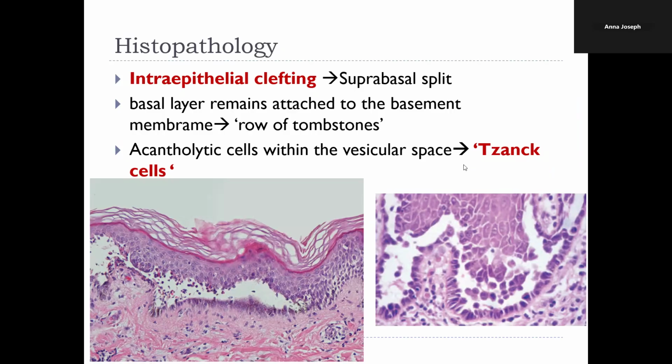Histopathology will show intraepithelial cleft formation, which is termed a suprabasal cleft. The basal layer remains attached to the basement membrane, resulting in a row of tombstones appearance. Additionally, acantholytic cells will be seen within the vesicular space, and these clustered keratinocytes are called Tzanck cells.